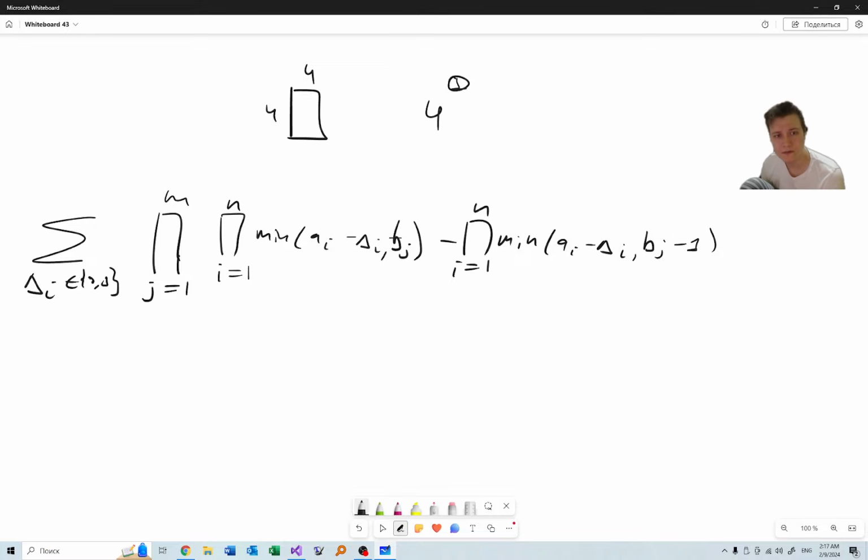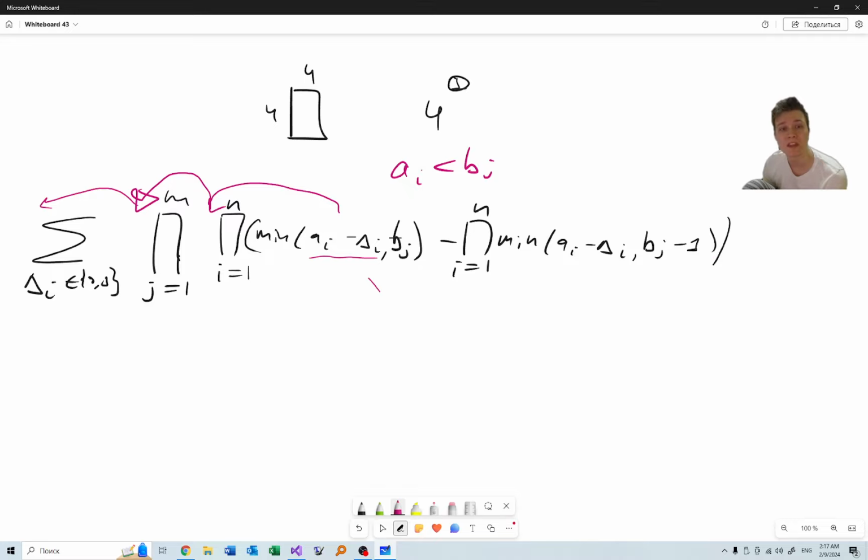Okay, my issue seemingly was that when a_i minus delta_i is at most b_j, so a_i is less than b_j, then I simply removed it here and this was correct. Removed it here and it still was correct. But then I couldn't remove it here because there were some other occurrences of a_i minus delta_i, so these two things were not independent.